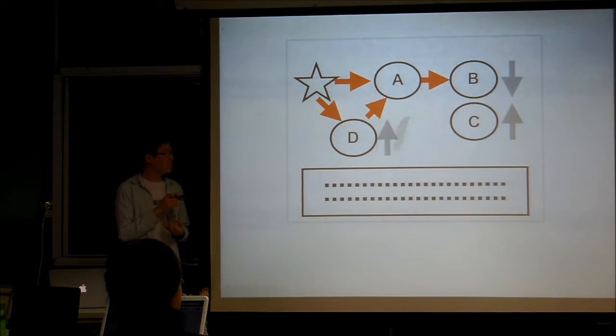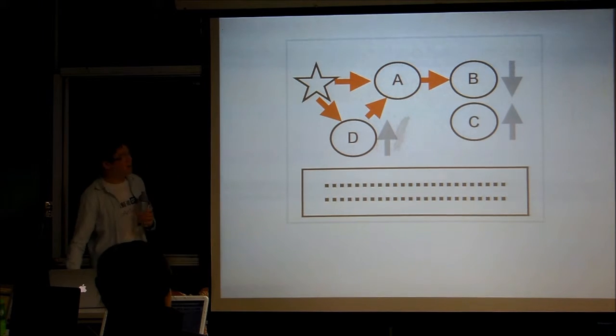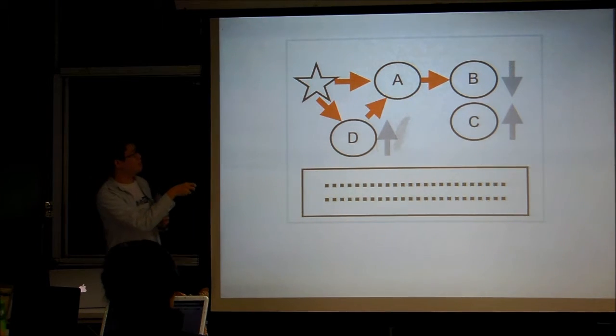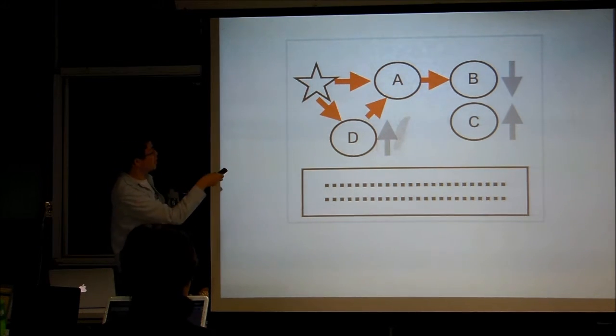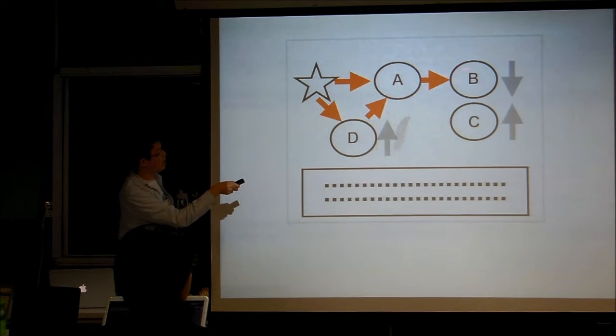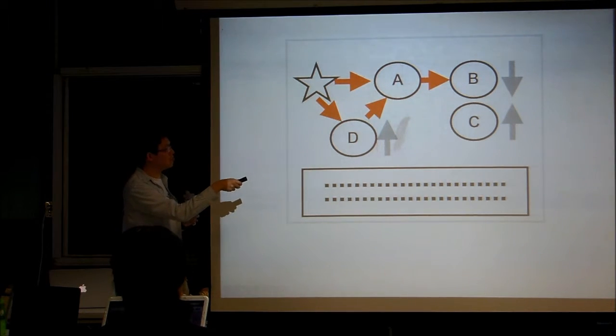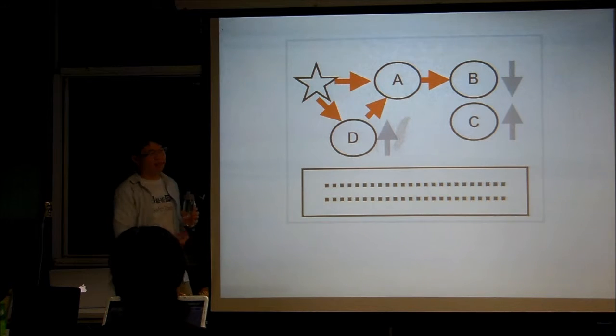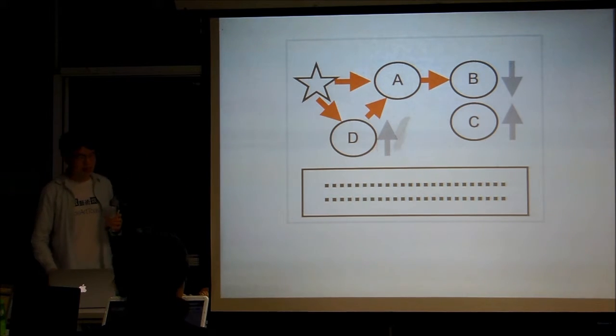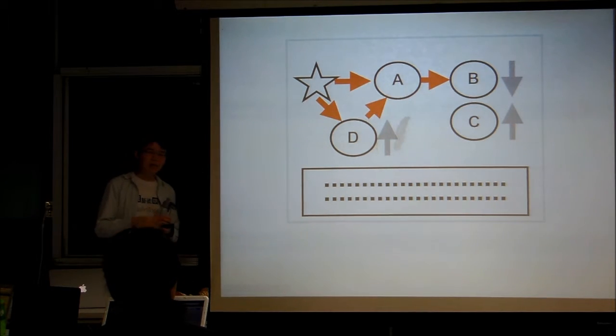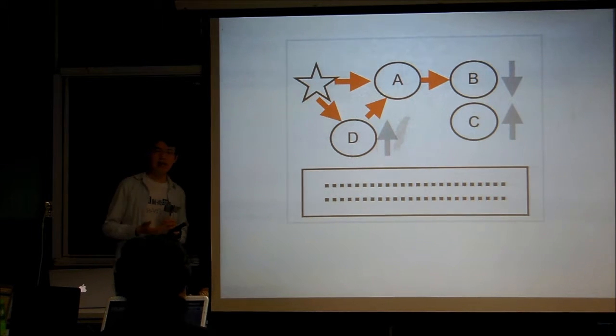So there are things like this: things happen, and it activates A, activates B, and B goes down, C goes up. So this kind of flow chart. Things sometimes get complicated, and how do we deal with that?